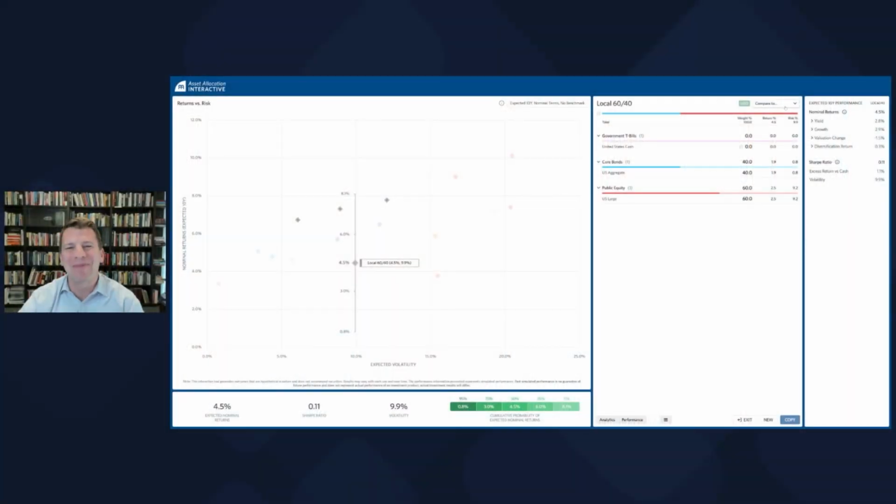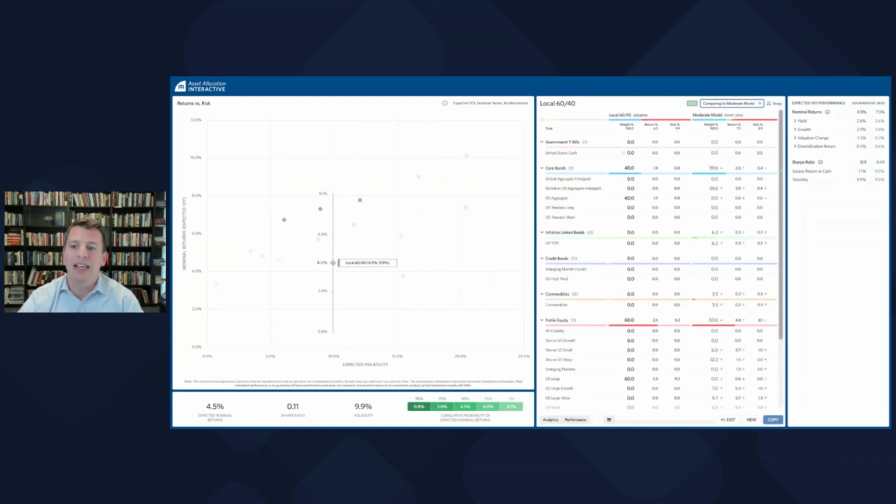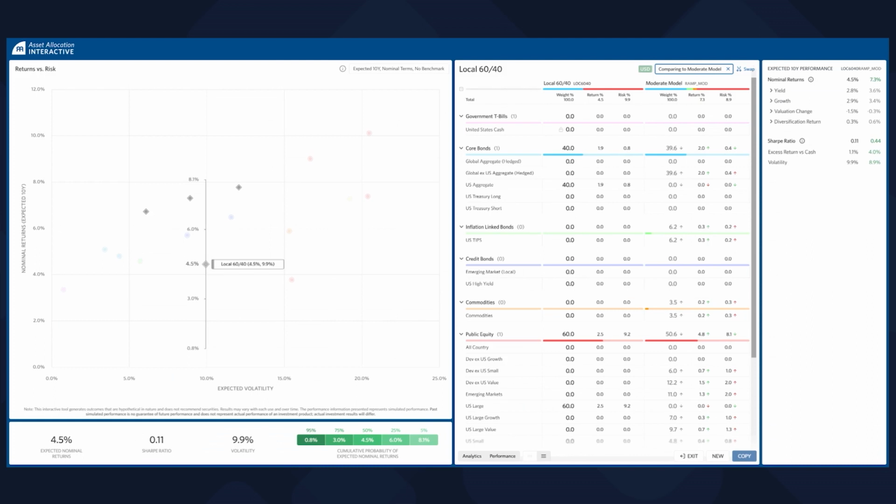So when we click the compare-to drop-down box, we get a number of options: other base-level percentage allocation choices, and also conservative, moderate, aggressive, and all-equity models at the top. I want to start with the moderate model. This is a broadly diversified model portfolio that we've put together for US financial advisors and US-based investors, designed to maximize return for a given level of risk, assuming some reasonable constraints and caps on allocations.